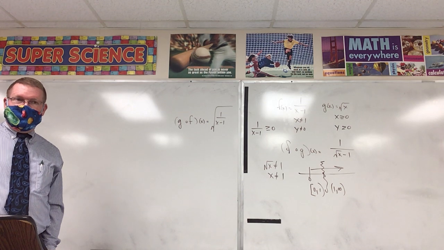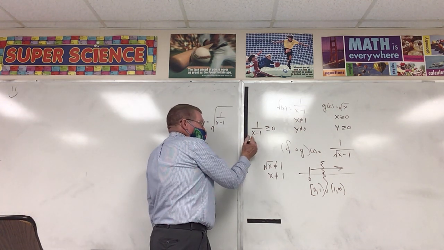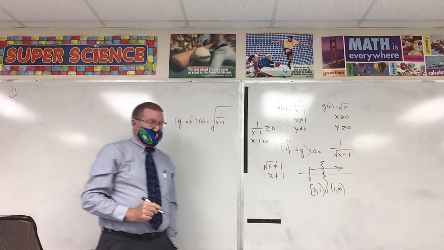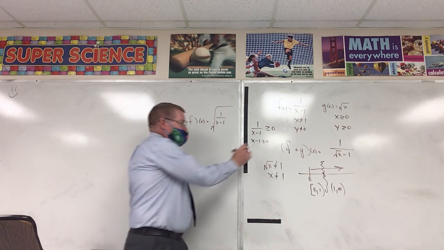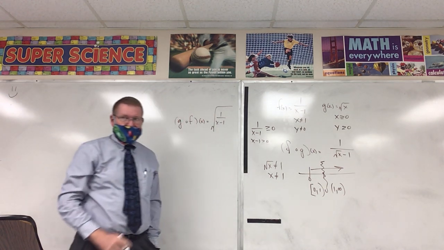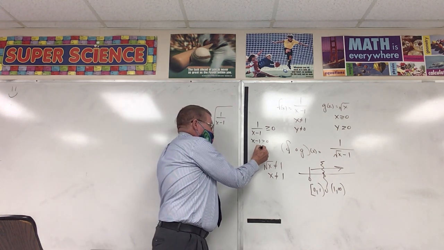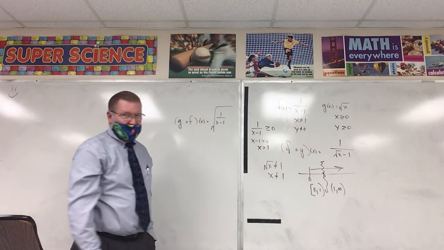The only thing that will make it negative is this bottom number, correct? So I need x minus 1 to be greater than or equal to 0, or really, just greater than 0 because it can't be 0. So that means x must be greater than 1.